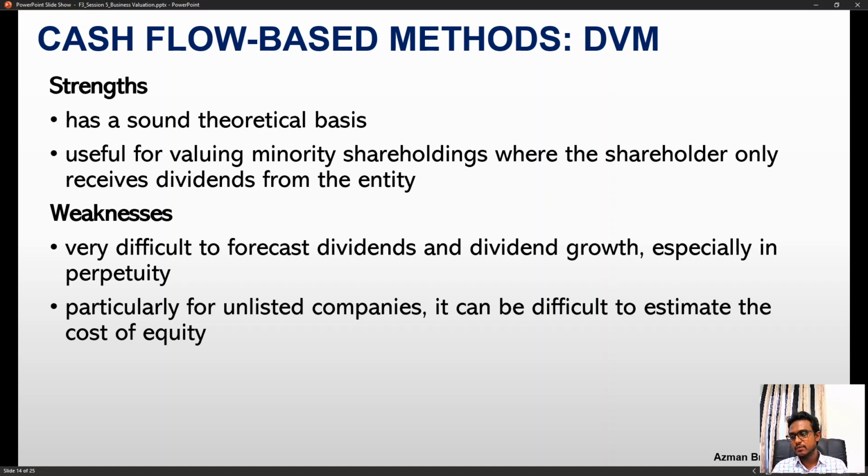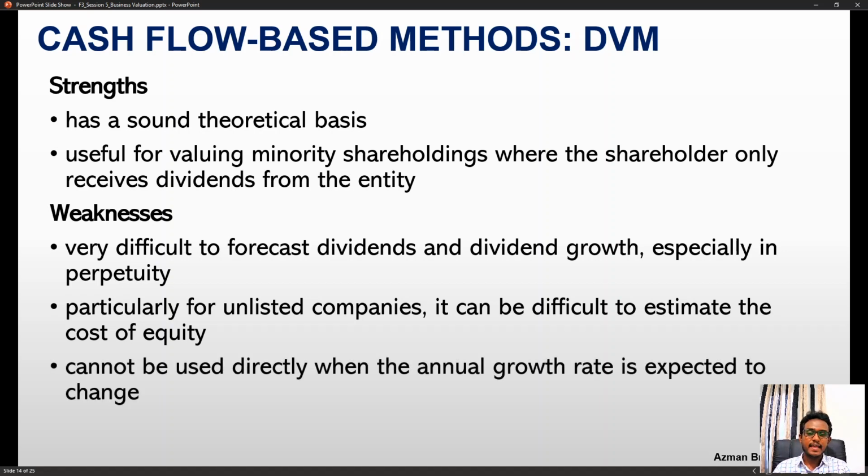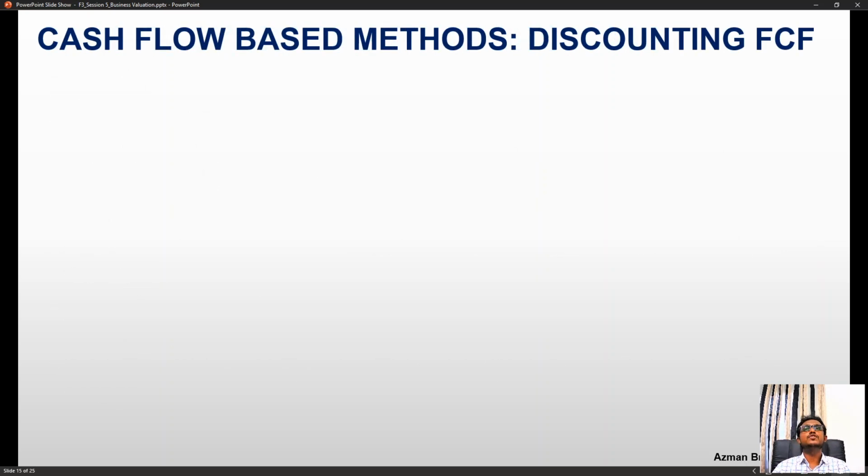You might find it difficult to even use the CAPM because of the nature of unlisted companies, where information is relatively less available in comparison to others. And it cannot be used directly when the annual growth rate is expected to change. That is the cash flow based method, approach 1, the dividend valuation model.